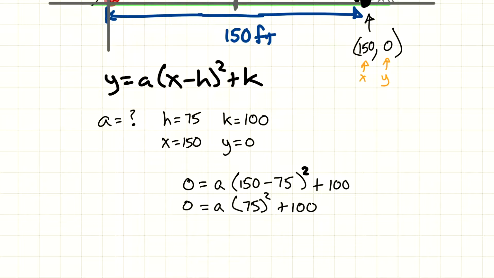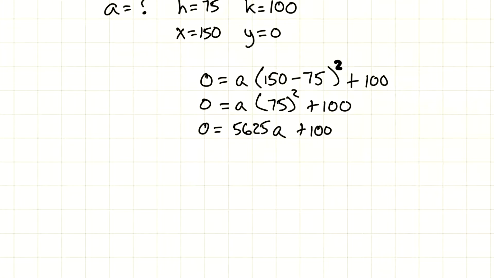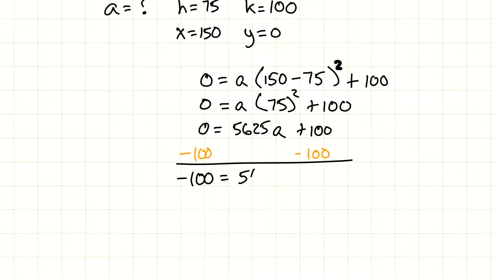So what is 75 squared, so 75 times 75 is going to give us a big number. So we're at 5,625 A, right, plus 100. Now we could subtract 100 from both sides, and we're going to be left with negative 100 is equal to 5,625 times A.